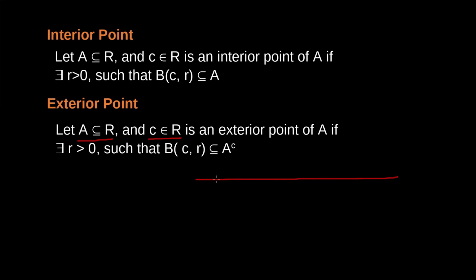Suppose we have a set, an interval (1, 3). An exterior point is, let's take a point, suppose 3.5.